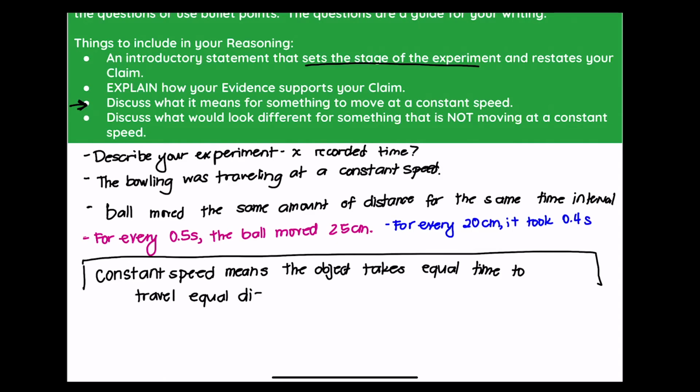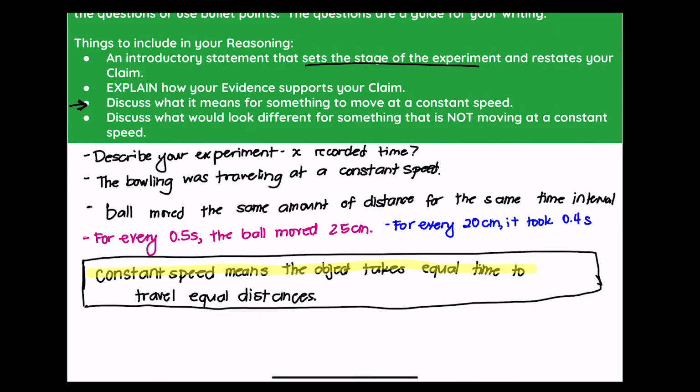All right, so notice here that I didn't calculate what the speed is of my bowling ball, right? I don't really care about what speed my bowling ball is going at. I just really care about what constant speed means. So let me just color this in because this is super important. Okay. So constant speed means the object takes equal time to travel equal distances.